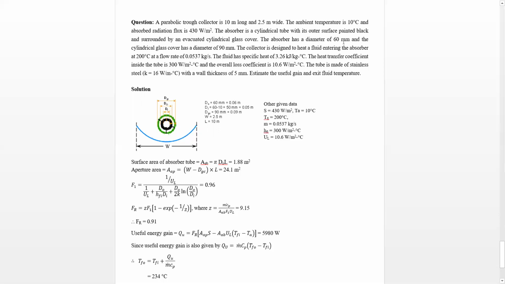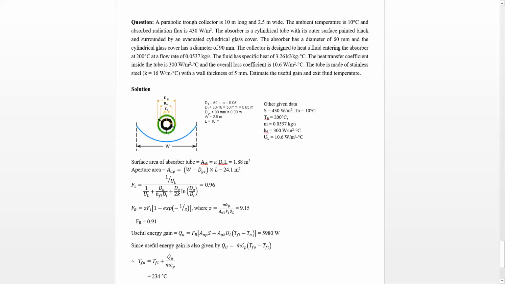That means this DGC, the glass envelope diameter, is 90 mm, and the outside tube diameter of the absorber tube is 60 mm.